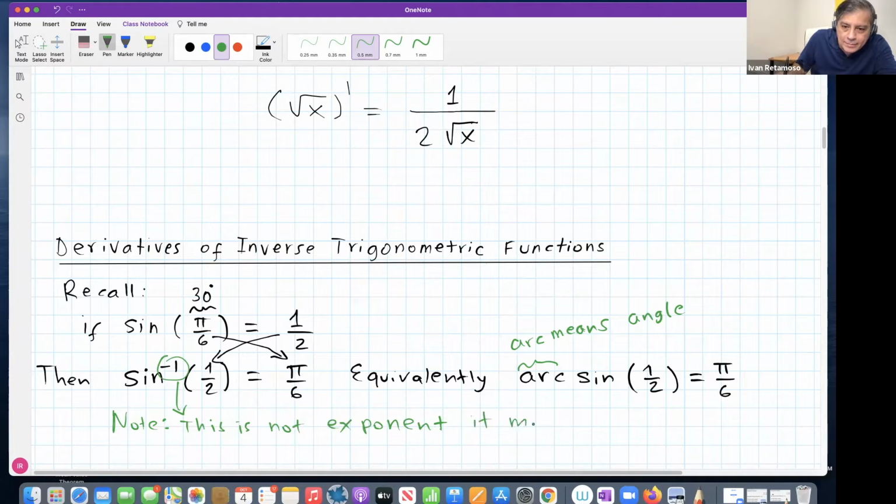It means sine inverse, okay? We're gonna take derivatives of this guy, so don't take this as an exponent, it's instead sine inverse.